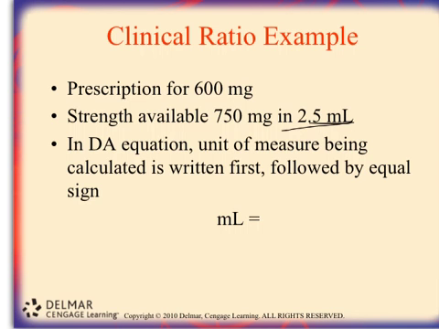So in a dimensional analysis equation, and I'm just going to start calling that DA, the unit of measure being calculated is written first. So in other words, what is it I am trying to figure out? I'm trying to figure out how many milliliters I'm going to have to give in order to deliver 600 milligrams. So that's what I write down first: milliliters equals.